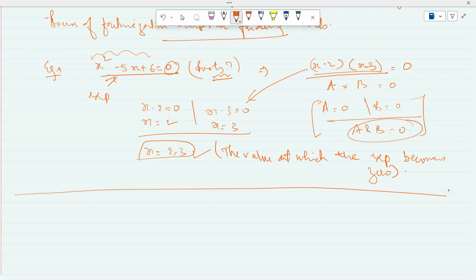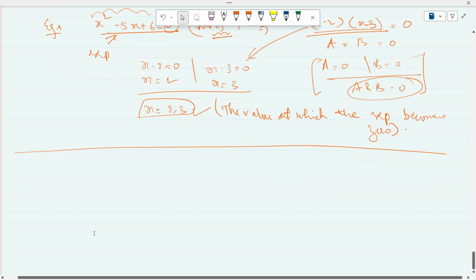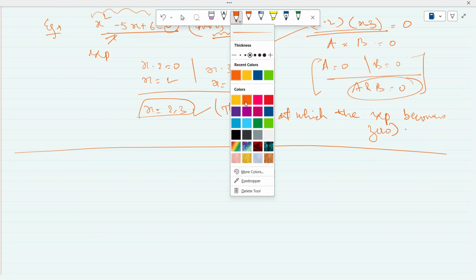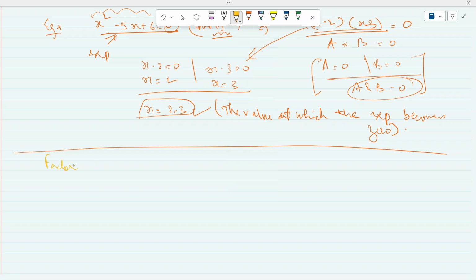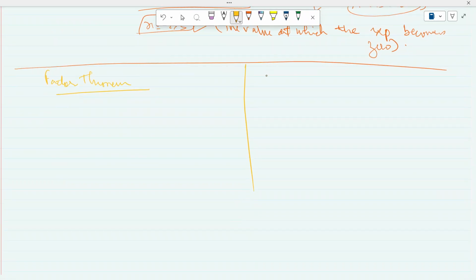Okay, next we see there is something known as the factor theorem and the remainder theorem. We will see first what is the factor theorem, and then we will see what is the remainder theorem.